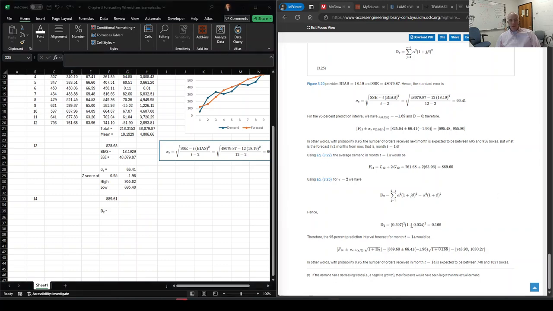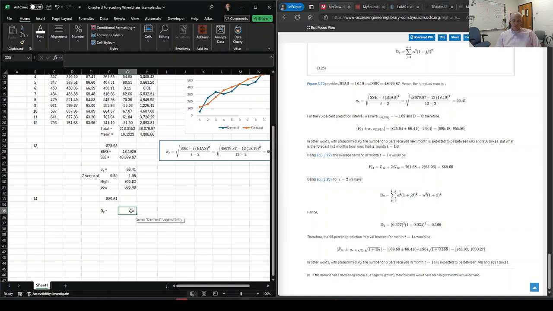What we're doing here is we are taking this formula. We're just taking alpha squared times (1 plus beta) squared, is equal to this number. And we get this D2, we plug that into this formula here, and that gets us our intervals.